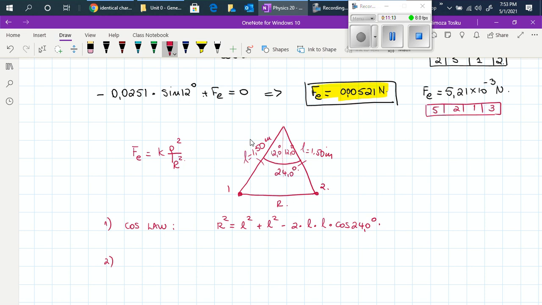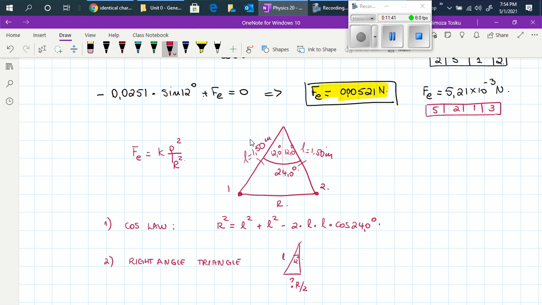Or the second option is to use the right angle triangle, where you are looking for half of the distance, knowing that L is 1.50 and the angle here is 12 degrees.